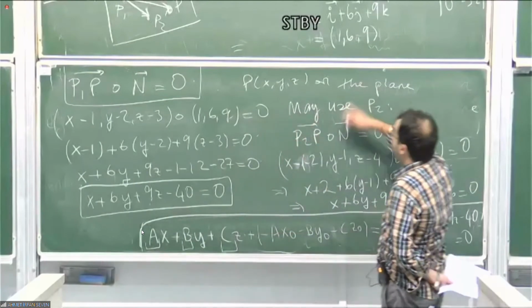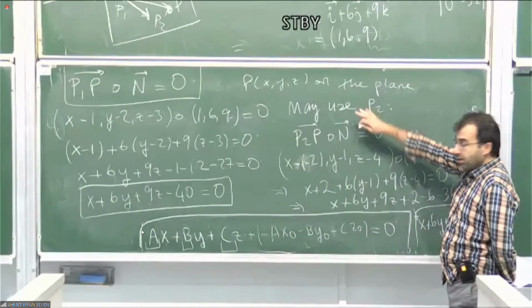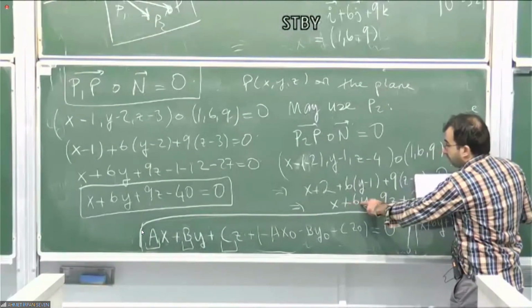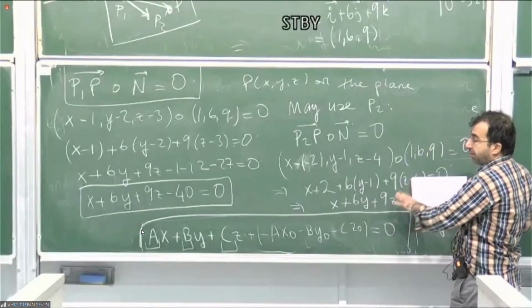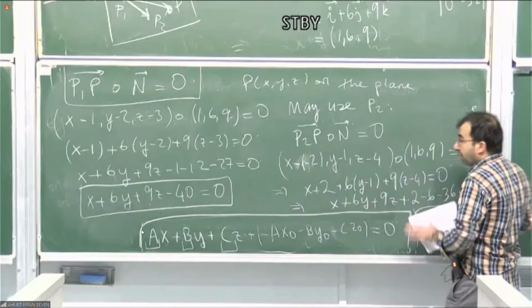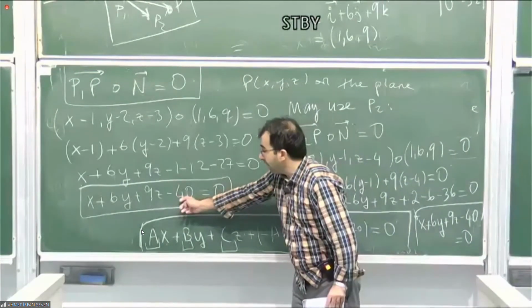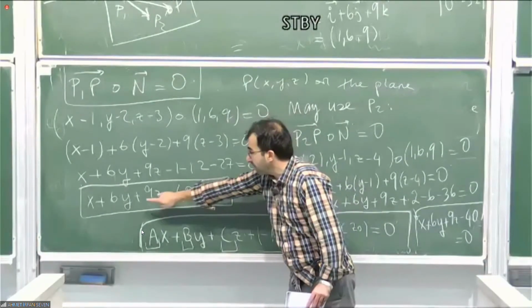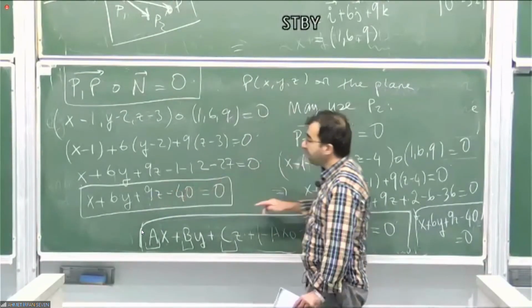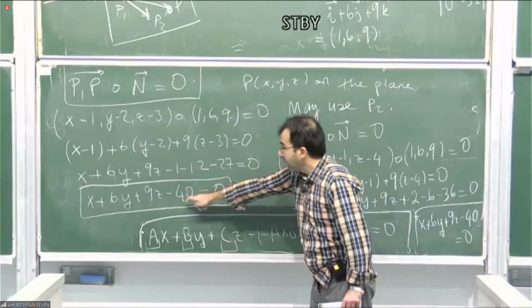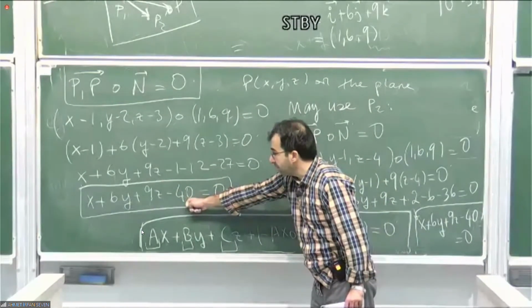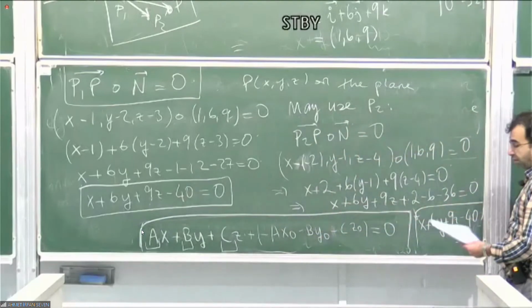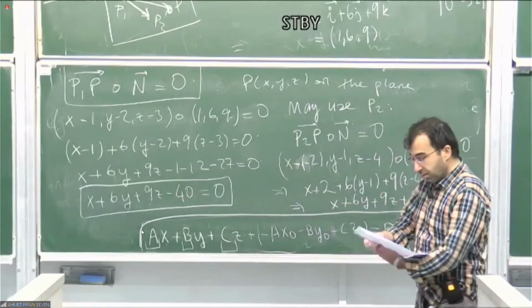So whatever point I am using in the equation, I'm going to have x plus 6y plus 9z, definitely. And then the remaining part must also be the same, because x plus 6y plus 9z will be equal, as a numerical value, to minus this constant term. So we will always get the same equation. All right.